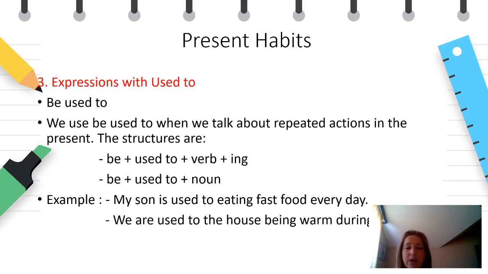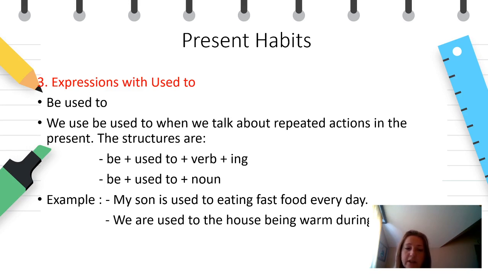And the last structure for present habits is expressions with used to. We use be used to when we talk about repeated actions in the present. We have got two structures with be used to.